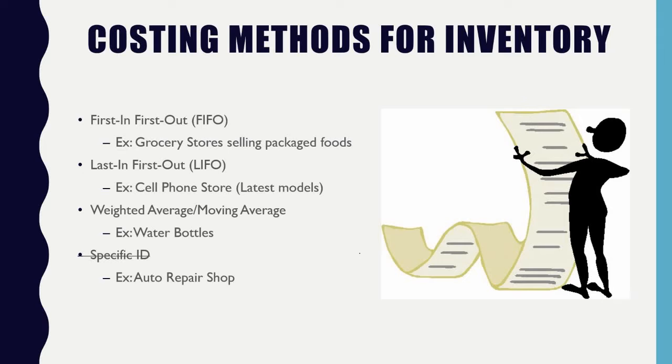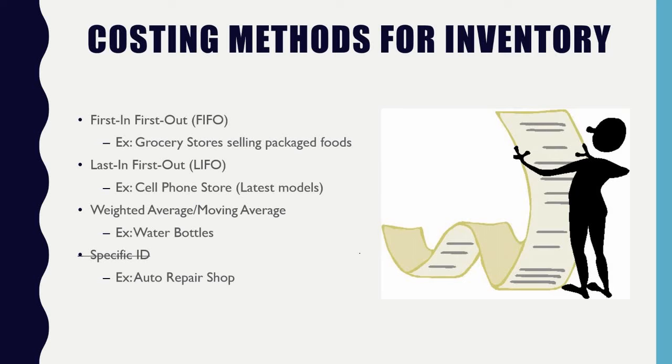So our first one we're going to be looking at is, of course, FIFO. We learned these before, so it's all going to be the same concept, except how we apply it to the inventory worksheet is going to be a little different.